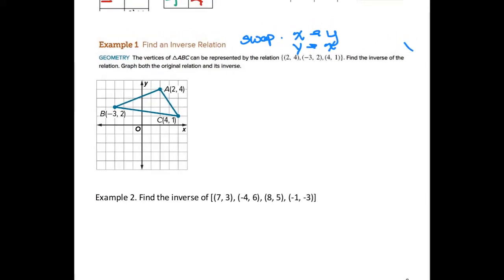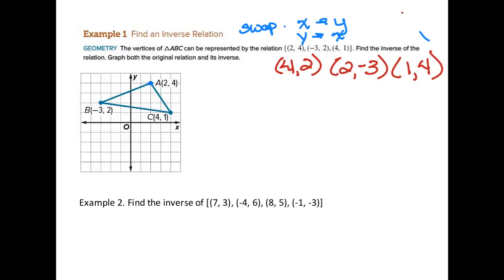So we have this point A, which is 2, 4. So if I'm going to switch that out, I am going to make that 4, 2. You just switch them. For the next point, negative 3, 2, you are just going to switch it to be 2, negative 3. You are literally just switching the two. And finally, 4, 1 would be 1, 4.